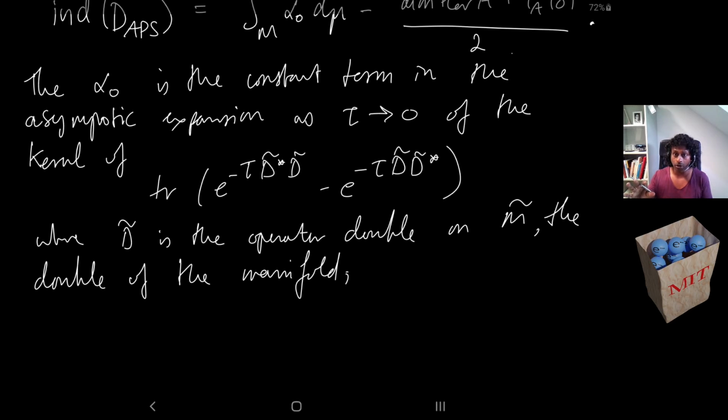You don't actually have to go via the splitting, right? You can just consider the operator that acts between the positive spinors and the negative spinors, because that is now an elliptic operator in this setting, and you can directly apply it to that. Yeah. Okay, good. So yes.